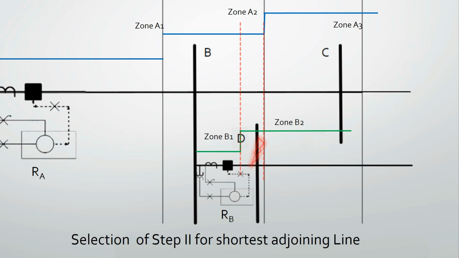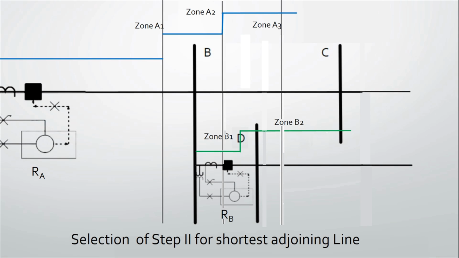In this case, both relay A and B will trip together, which is not desirable, as only relay B should operate in this case. This fault occurred because 50% of the longer adjoining line was considered for zone 2 of relay A. Instead, the relay should select 50% of the shortest adjoining line, that is line BD. In that case, the zones will not clash and only relay B will operate.